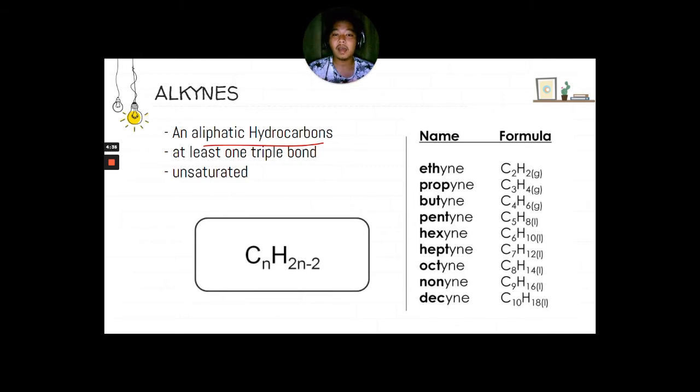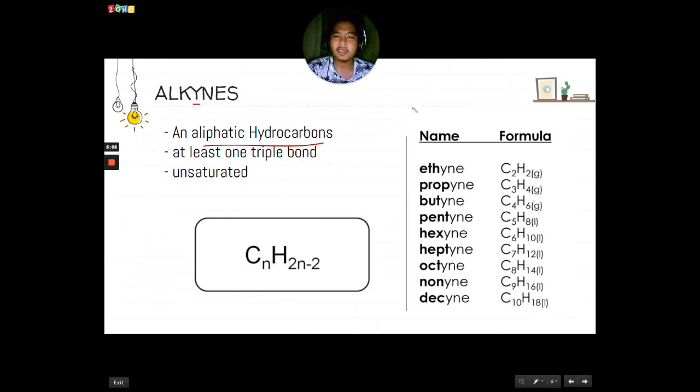Because the last topic of hydrocarbons is our aromatics or arenes, which are circular in nature, closed in a certain way. Here, if alkanes are single bonded and alkenes are double bonded, our alkynes are triple bonded, or technically, at least one triple bond is there. So if there's a triple bond, automatically we are talking about an alkyne, with a Y.